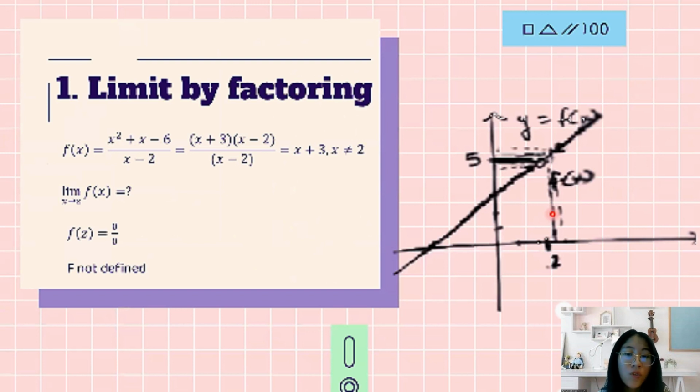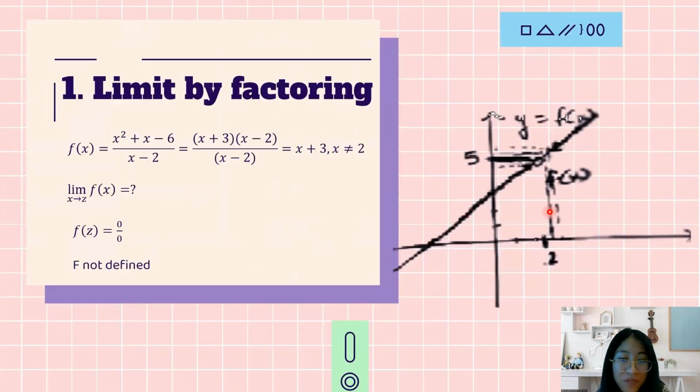If we approach 2 from the positive direction, once again we are getting closer and closer to 5. So when we look at it numerically or graphically, it looks pretty clear that the limit here is going to be equal to 5.